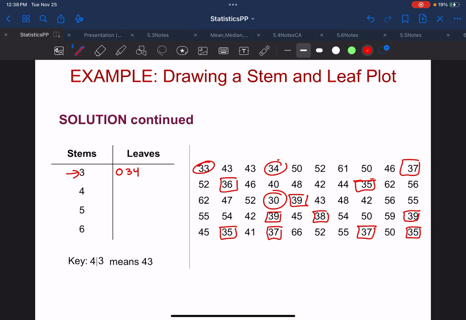Okay. So I already did the 4, the 0, the 3, and the 4. So now I can go to 5 and I see 1, 2, 3 35s. So I need to put 3 5s for my leaves. And then I see 1 36. So I would put a 6 on my leaves.